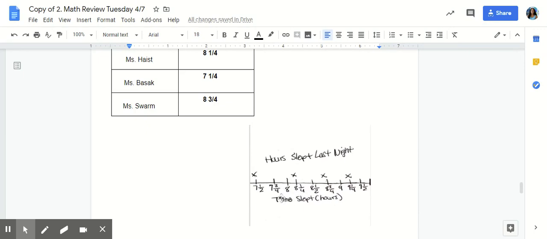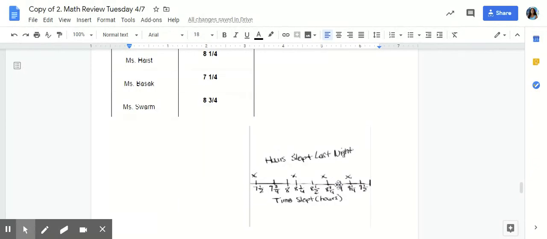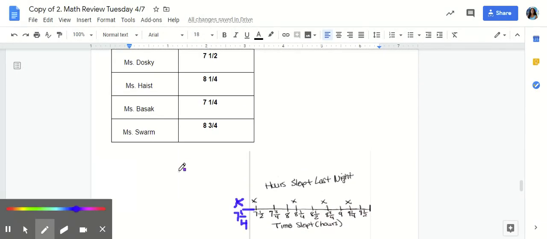And we're going to label our fractions in hours, so that whoever is looking at our data understands that our fractions are in hours. So you can see my picture got cut off a little bit here, but that's okay. It filled it right back in.